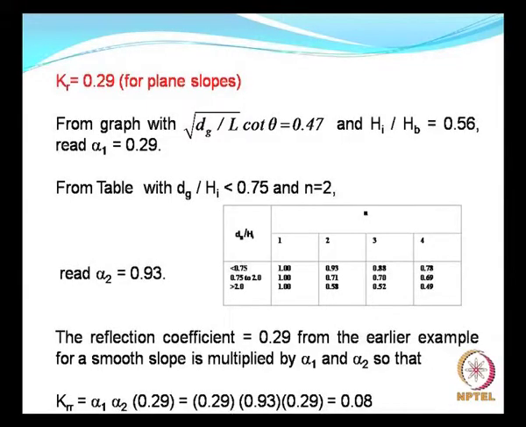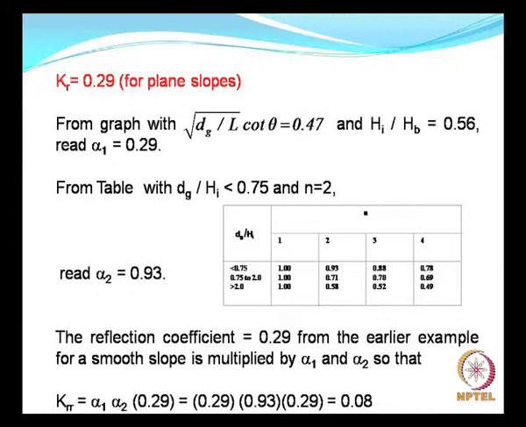So naturally from this table, which we had already seen, your alpha 2 can be read as 0.93. Is that clear? So alpha 1 and alpha 2 are now found out.